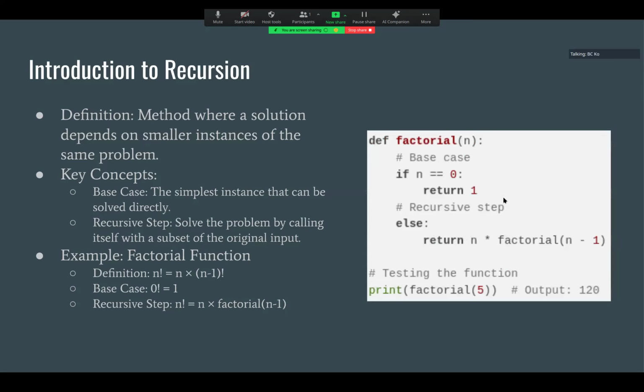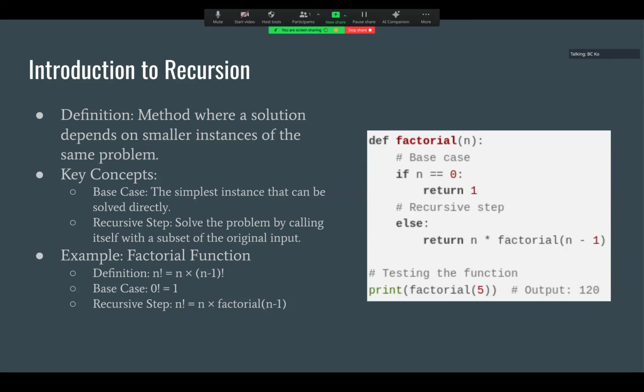Moving on, introduction to recursion. Recursion is a method where the solution to a problem depends on solutions to smaller instances of the same problem. In programming, this often means a function calls itself with a smaller input.